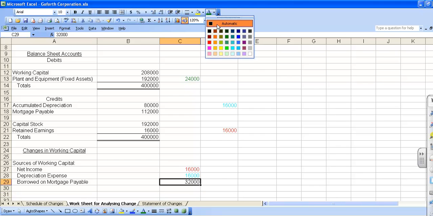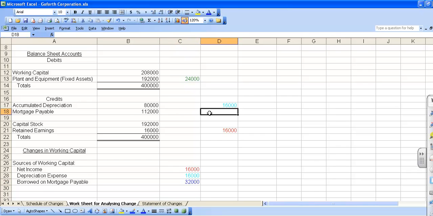And we're going to make that one navy blue. And we have an addition to our mortgage payable, so we're going to put that on the credit side. So there's our change.